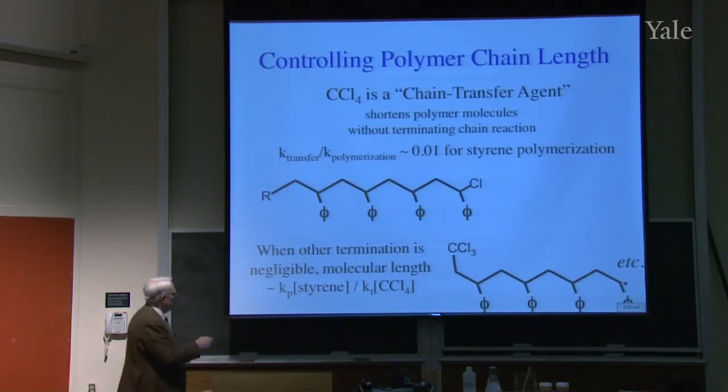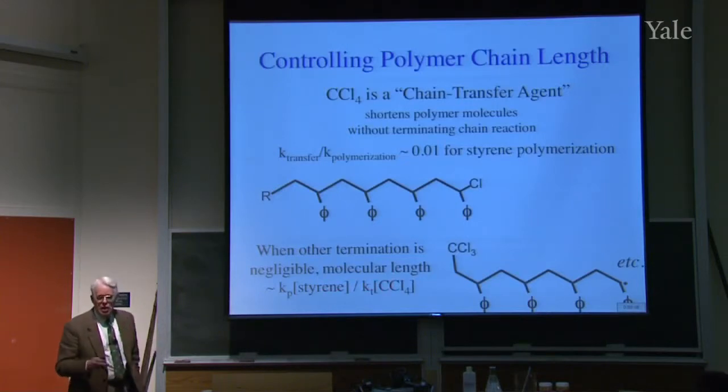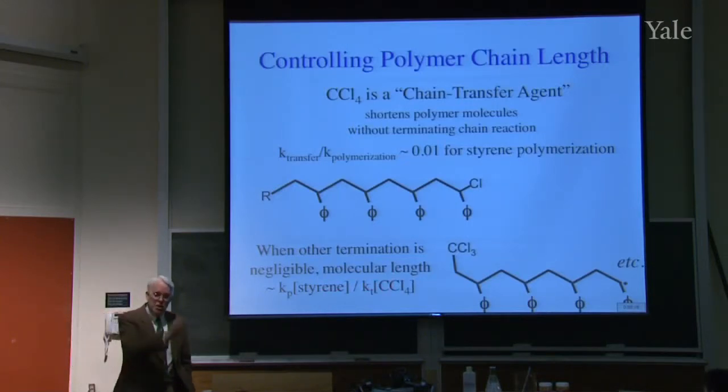But that depends on the concentration of styrene and the concentration. So if you know these two, you can then work out, since the transfer reaction with this process here is only 1% as fast. So if you had equal amounts of styrene and carbon tetrachloride, you'd tend to go about 100 molecules before you got a chain transfer.